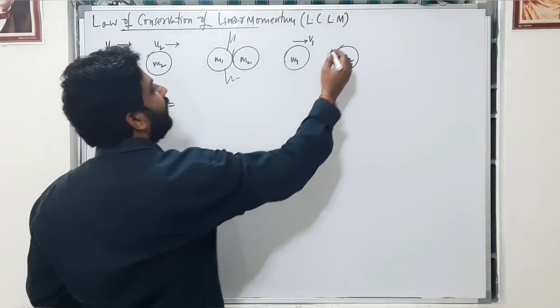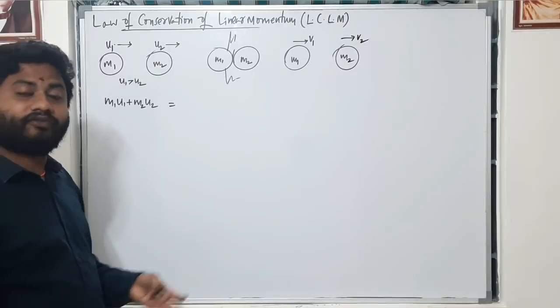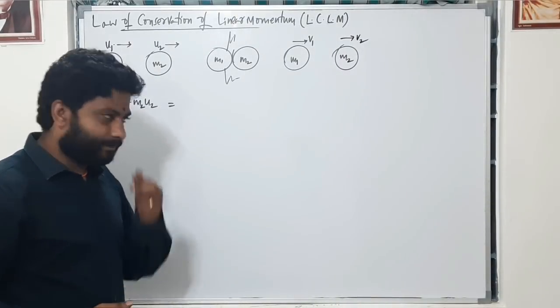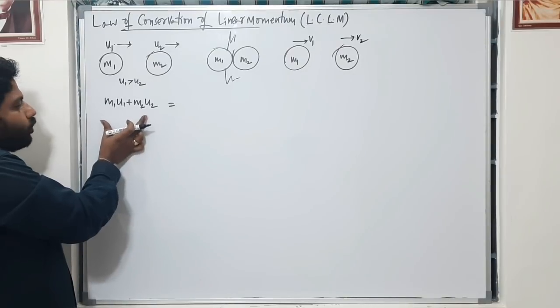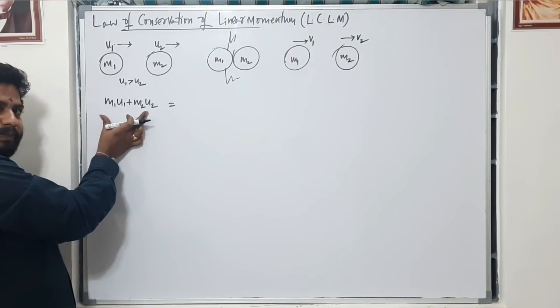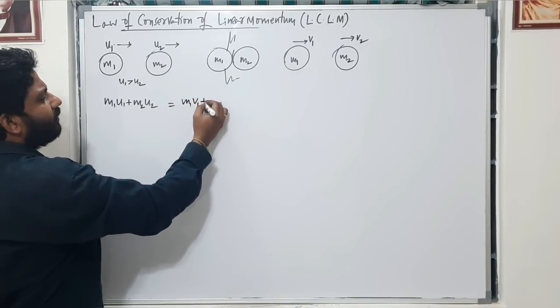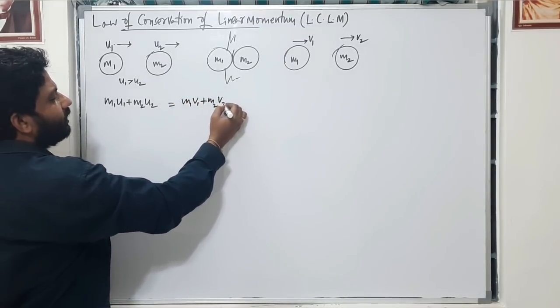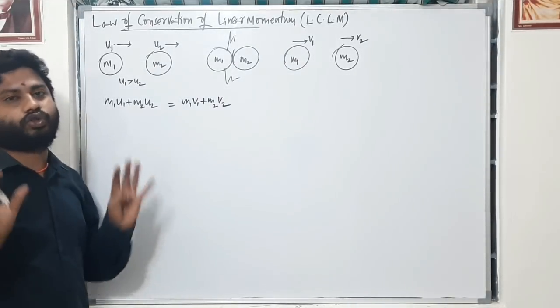After the collision, it will be moving with a velocity v2, the final velocity of the second body. Clear? According to the law of conservation of linear momentum, total linear momentum of the system before the collision will be equal to total linear momentum of the system after the collision, right? So this is the basic formula we have, and we have derived it also.